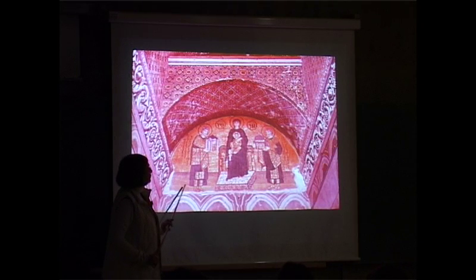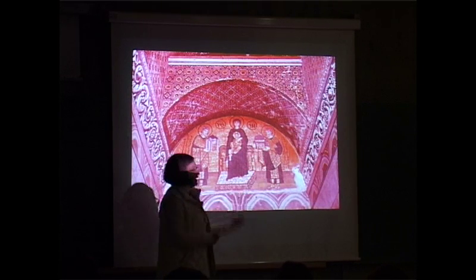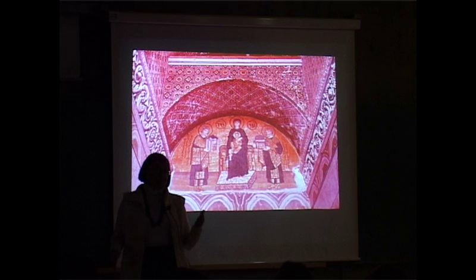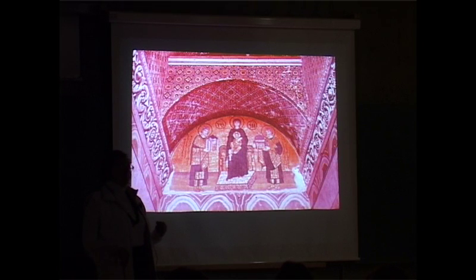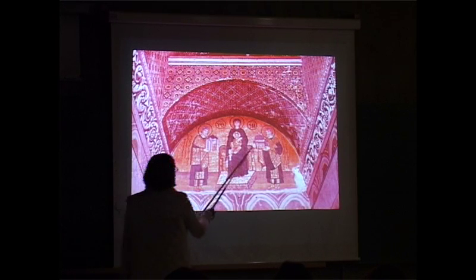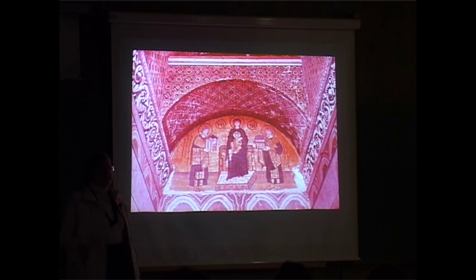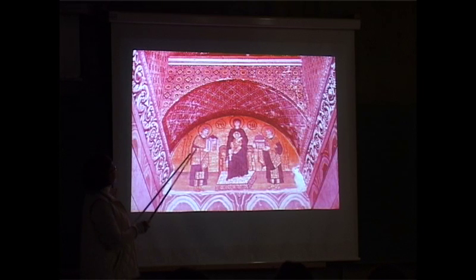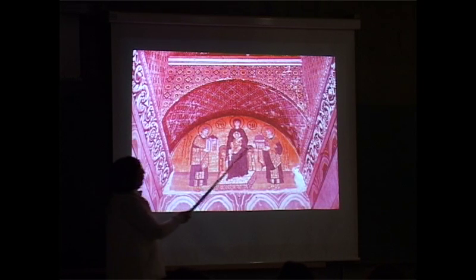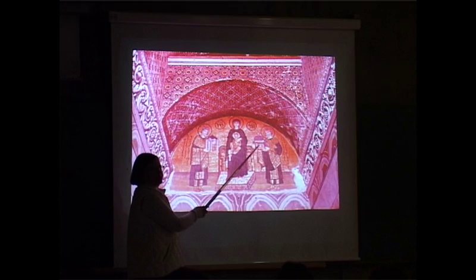And so Constantine is being depicted as presenting to Virgin Mary and Christ the city that he built, the fortified city that he built. And on the other side, Justinian, 200 years later, is making a church, a special church, the Hagia Sophia, and you see the dome quite well here, a church which is deserving of this very special city built by Constantine, and he is creating the church.